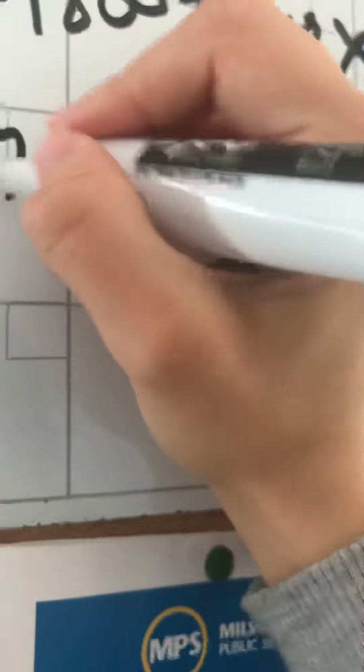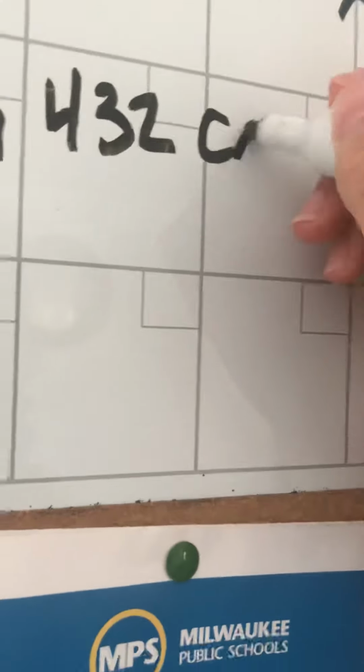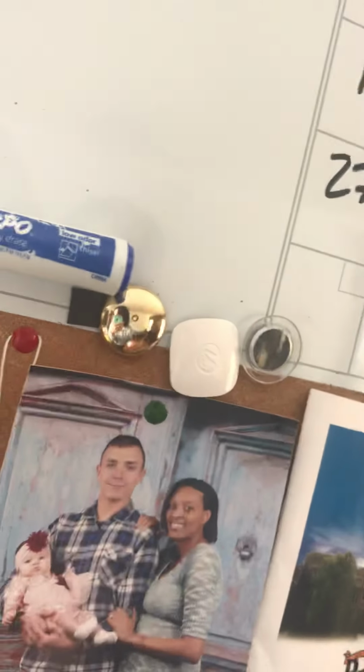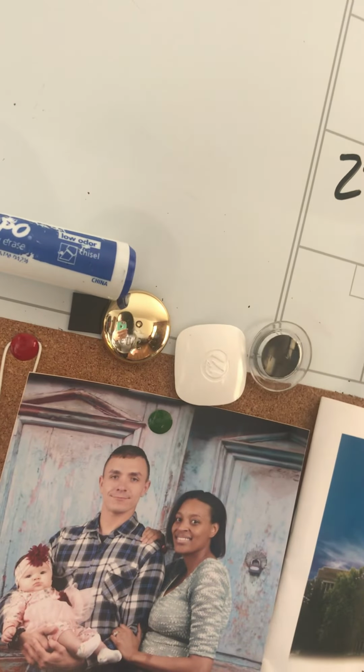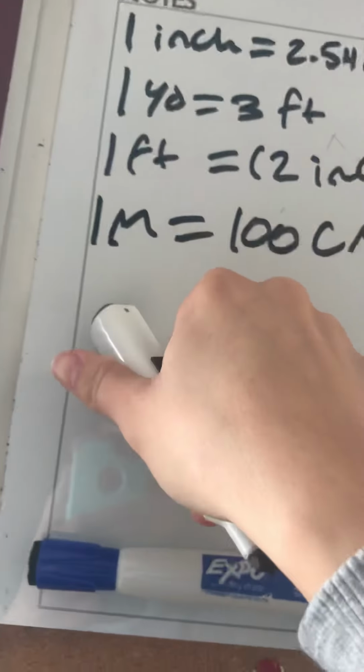So now let's start with what we have again: 27,432 centimeters. We know to get from centimeters to meters, there's 100 centimeters in 1 meter. Our ultimate answer we're looking for is meters.